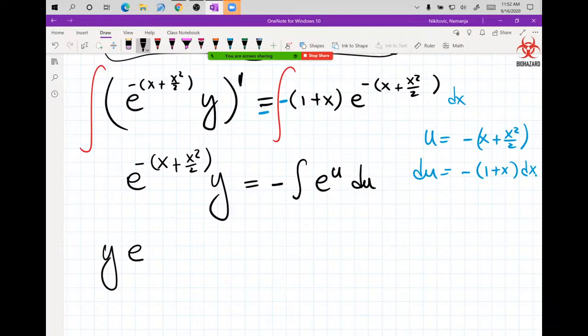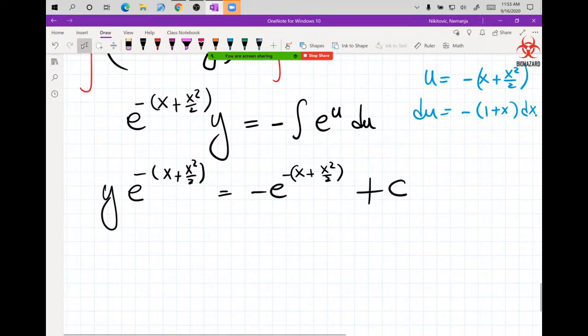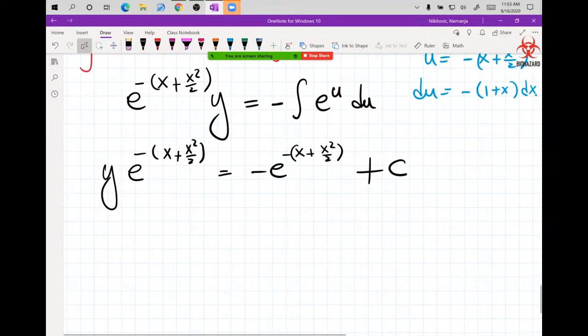So y times e to the negative x plus x squared over 2 is equal to negative e to the u, which is negative x plus x squared over 2, plus c, because now we're integrating. At this point, we are going to divide both sides by the exponential function.